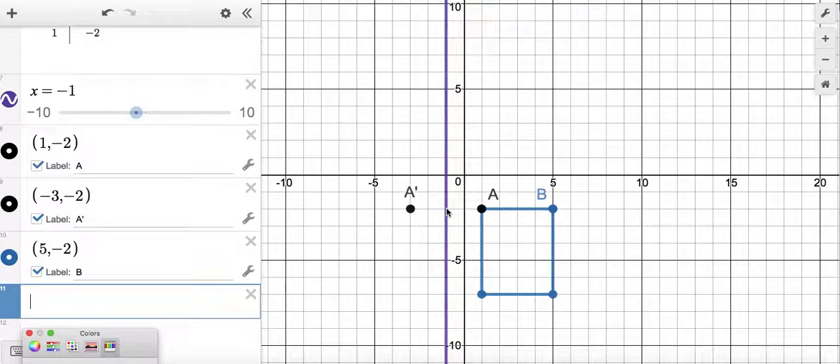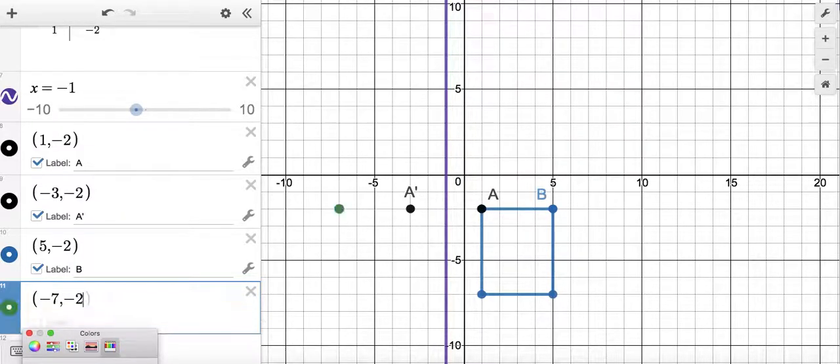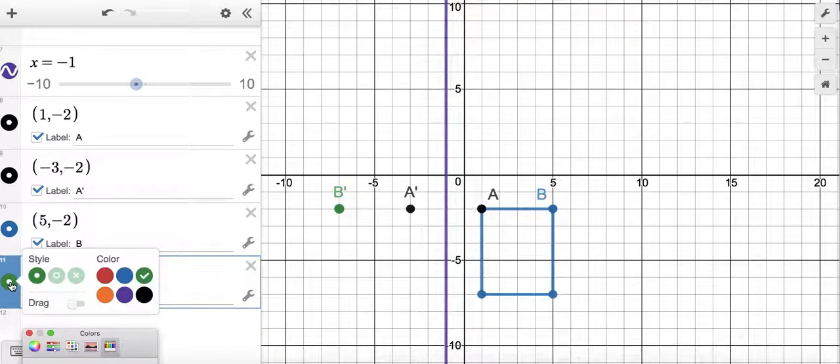So if we start at -1 and go backwards 6 units, -1 minus 6 is -7. So we know that's where our point's going to have to end up: -7, comma, and we're keeping it on -2. So we're making a nice rectangle. As you can see now, that point B is reflected over, and we'll call that one B prime. And I'm going to change this to blue to keep it consistent.